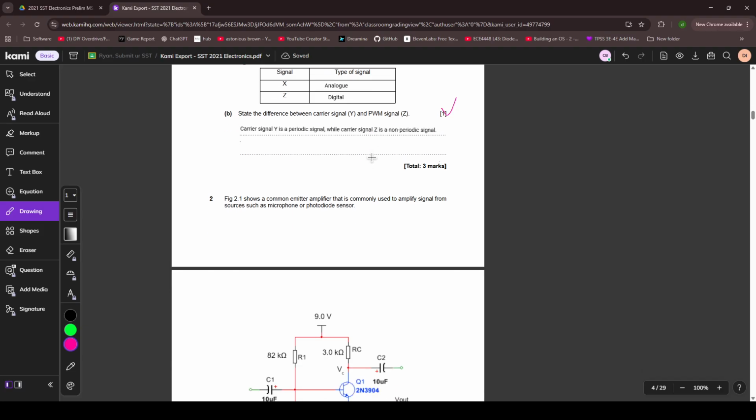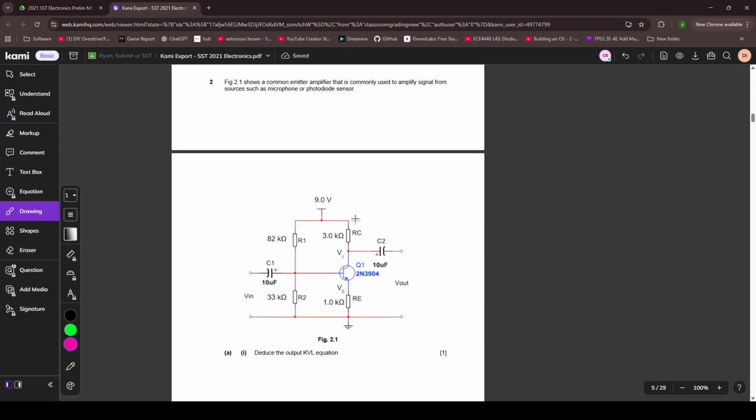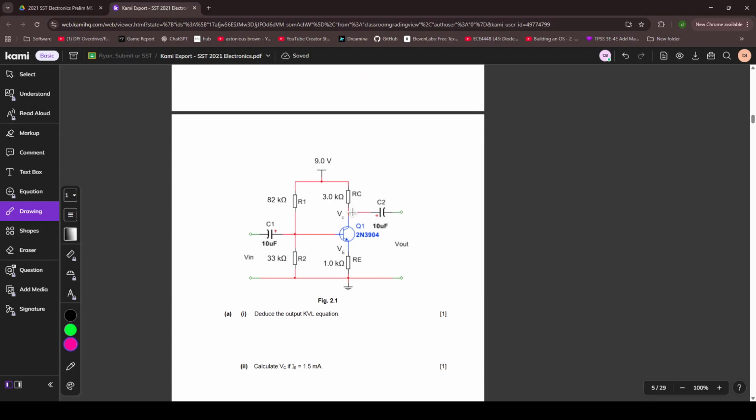2.1 shows a common emitter amplifier that is commonly used to amplify signal from sources such as a microphone or photodiode sensor. Deduce the output KVL equation. The English here is so unclear.